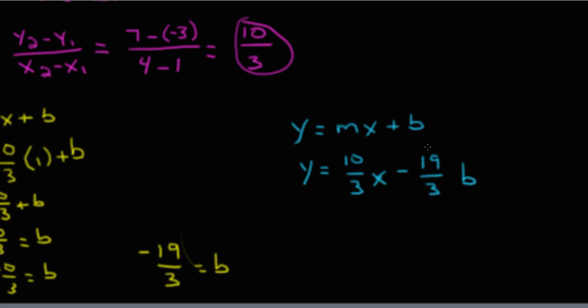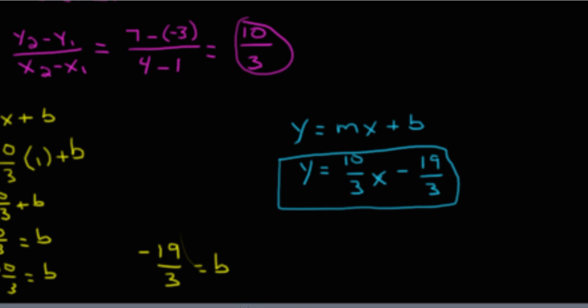I'm sorry, that's not minus 19 thirds b, it's minus 19 thirds. My mistake. So y equals 10 thirds x minus 19 thirds. That's our equation in slope-intercept form.